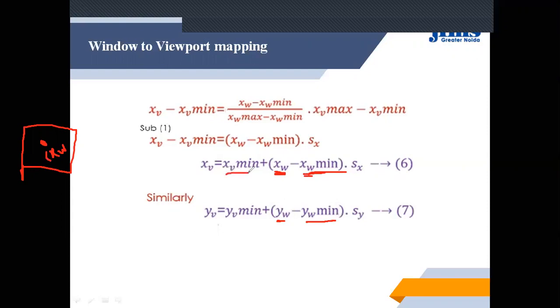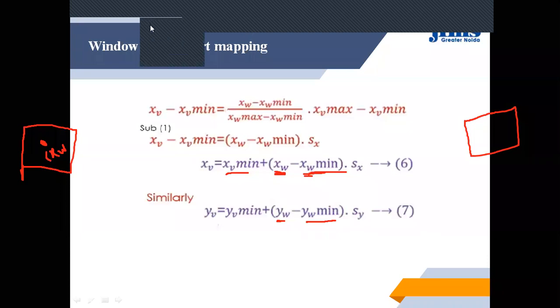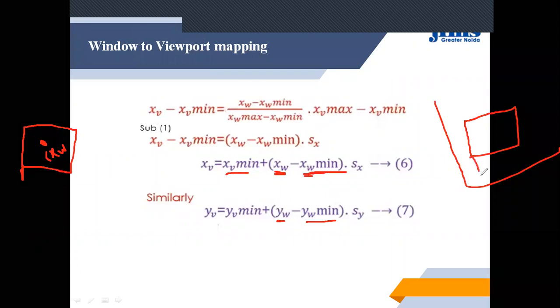In the viewport, when we draw the viewport also, the distance of the viewport from the x-axis is given to us, this is xv minimum. So we can write down the value of xv minimum and yv minimum, and we can find out the value of sx and sy, that is the scaling factor in x direction as well as in y direction.